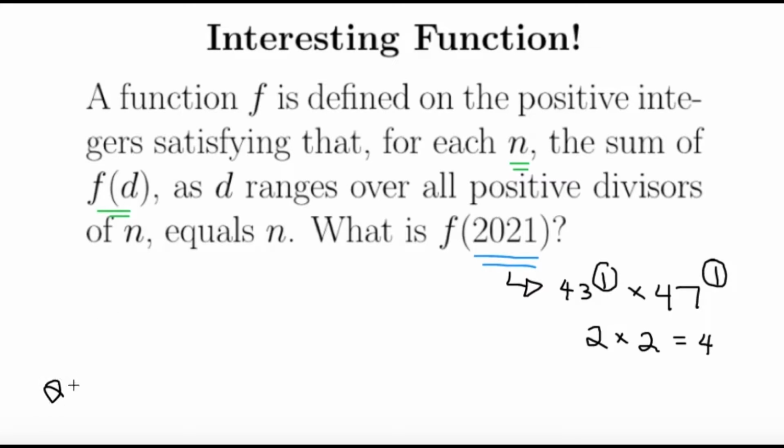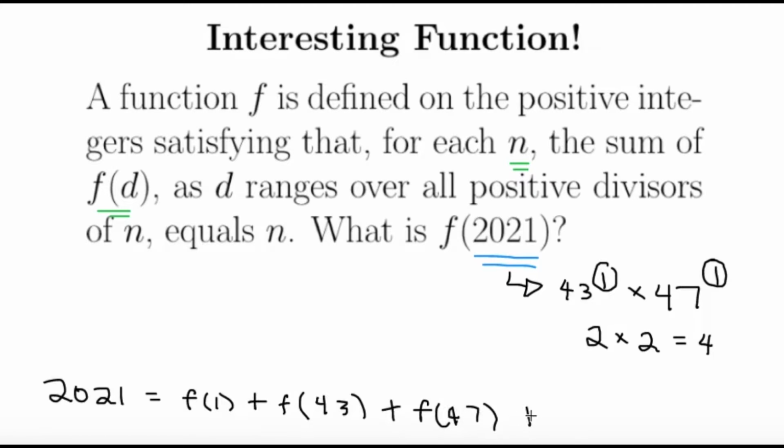So 2021 equals f of 1 plus f of 43 plus f of 47 plus f of 2021.